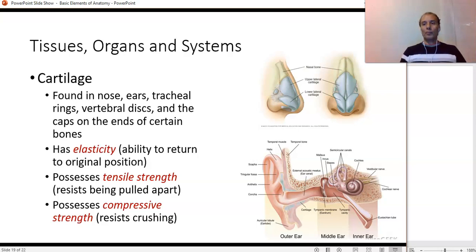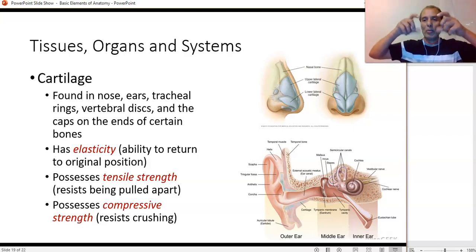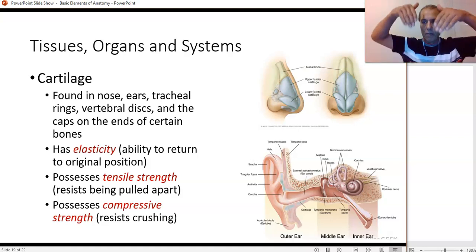For example, the only reason you can breathe is that in front, where the ribs meet the chest bone that we know as the sternum, there are pieces of cartilage that connect each rib to the sternum. And at the base here, the cartilage becomes bigger and bigger as you go inferiorly.